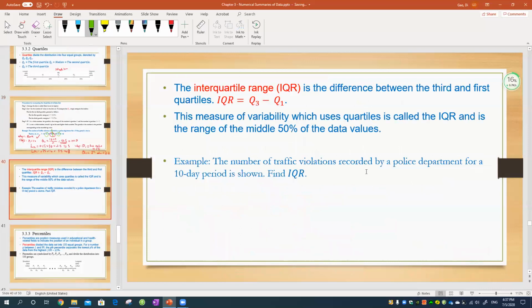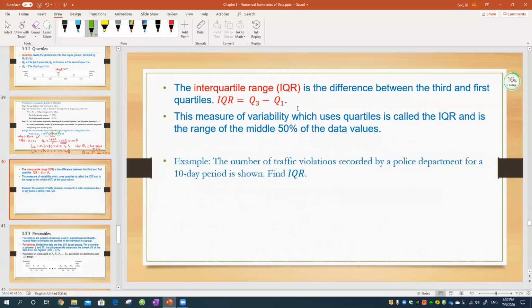Now let's look at another definition, the interquartile range, IQR. The IQR is the difference between the third and the first quartile. So IQR equals Q3 minus Q1. This is also a measure of variability, and this IQR uses the middle 50% of the data values and then calculates the range.